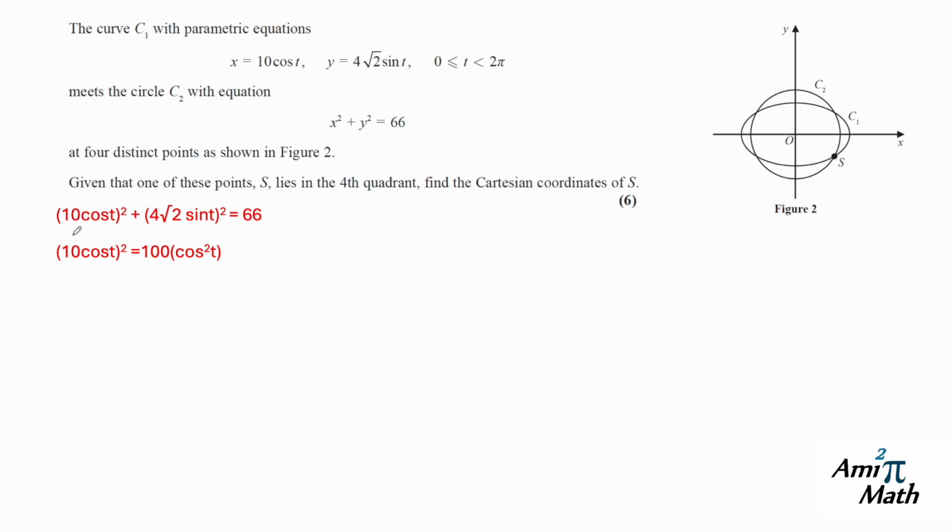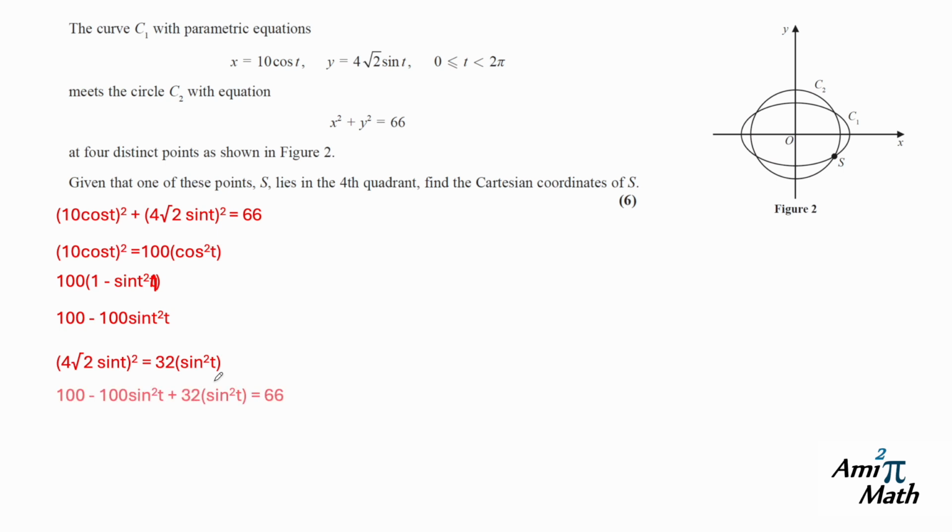If we expand (10 cos t) squared, we get 100 cos squared t, and we can use the identity cos squared t equals 1 minus sin squared t, so that everything is in terms of sin t. This gives 100 minus 100 sin squared t, and then (4 root 2 sin t) squared is 32 sin squared t.